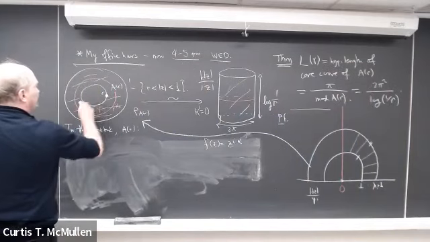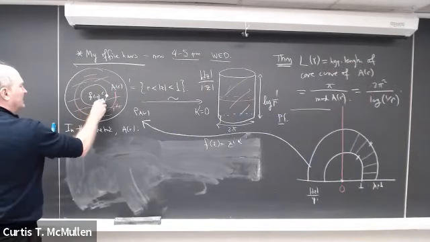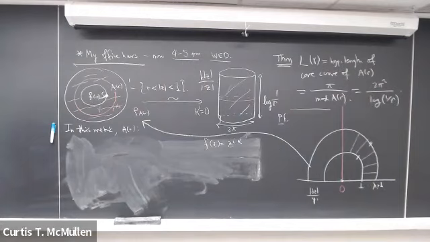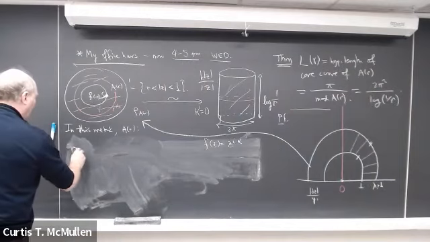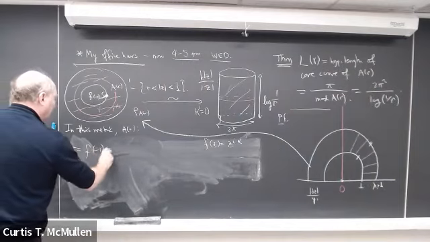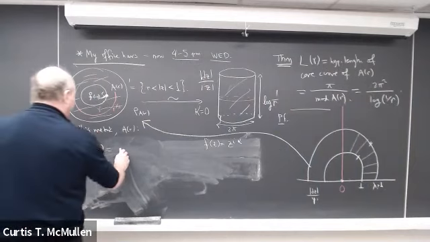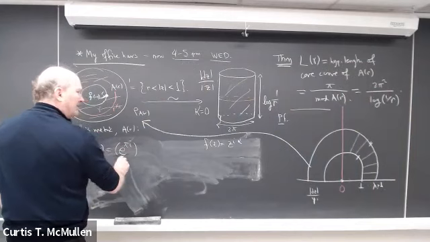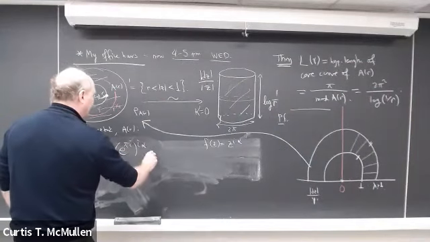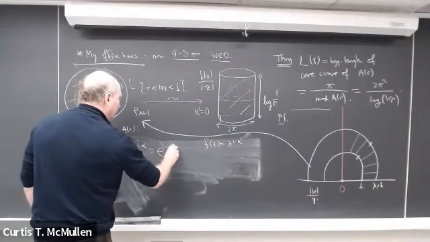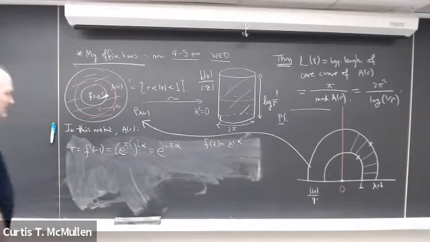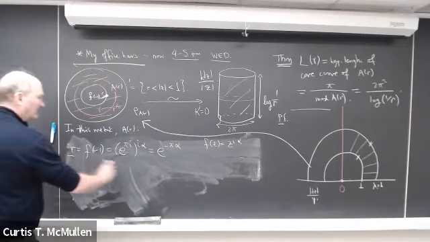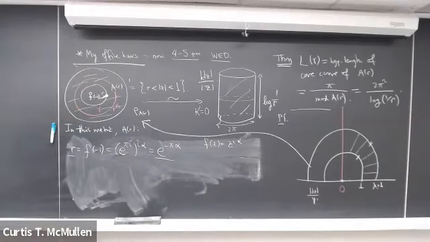Well, the image of -1 is the point r on the inner circle. So r is f of -1. And what's that? It's -1 is e to the pi I. And we raise that to the I alpha. And we get e to the minus pi alpha. So alpha and r are related by this equation.